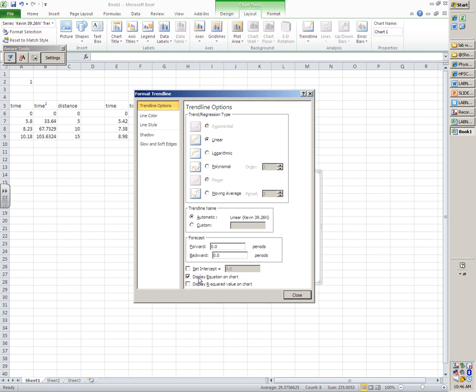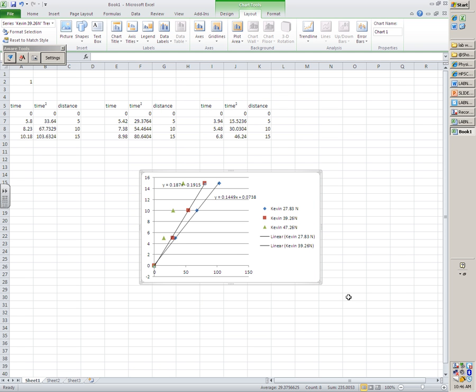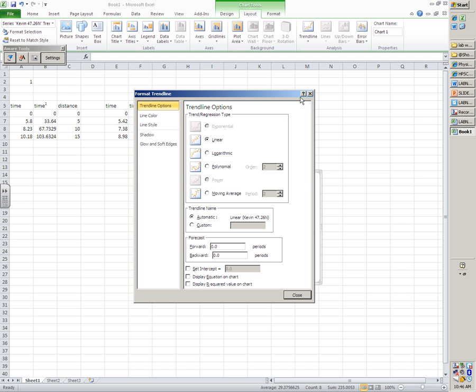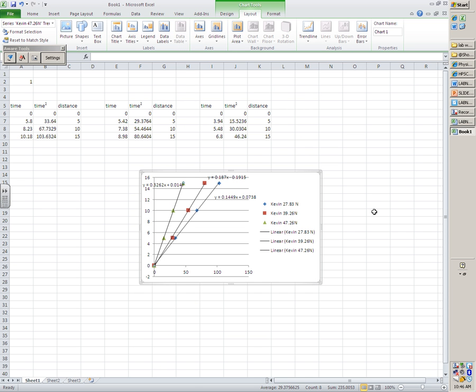Linear, display equation on chart, now it gets its own equation and its own line. And I'll move that over just so it's a little easier to see. And then the green ones, I can do the same thing. Just like that. And now you've got one graph that has three separate lines on it.